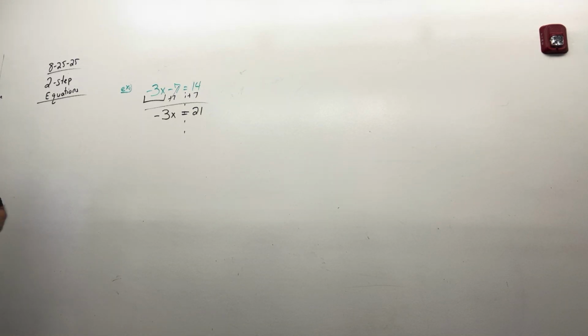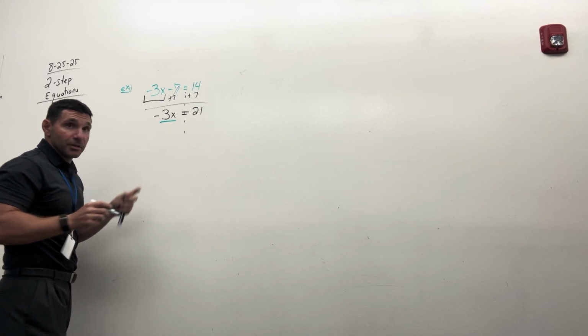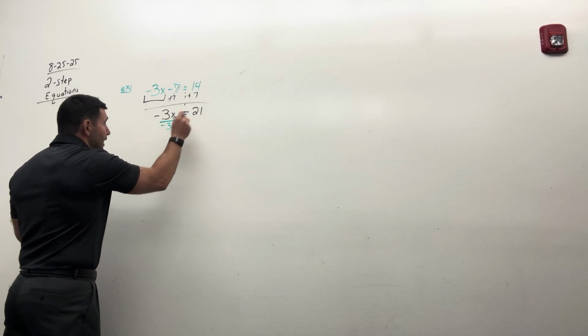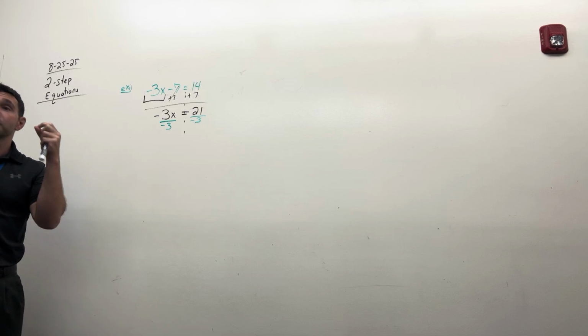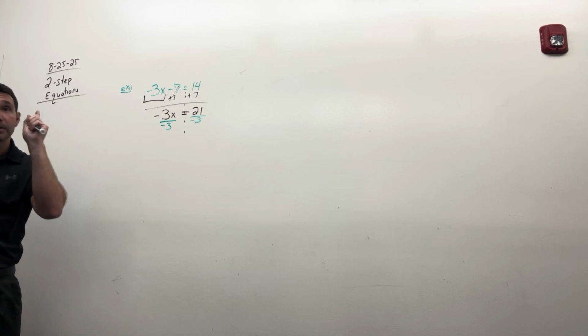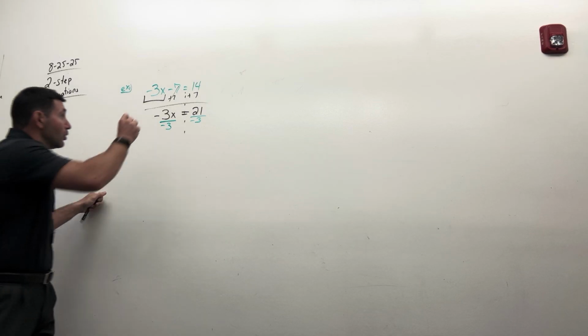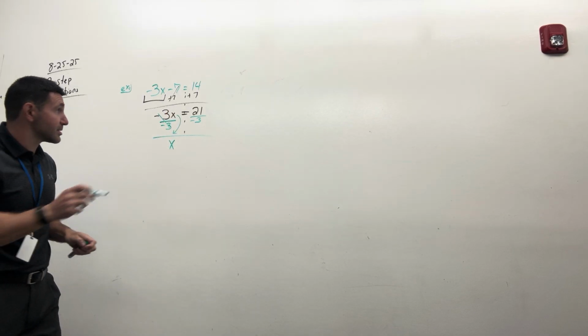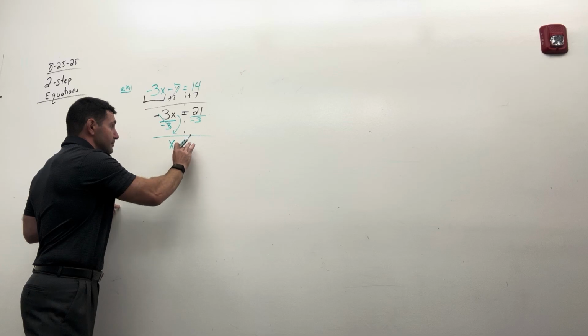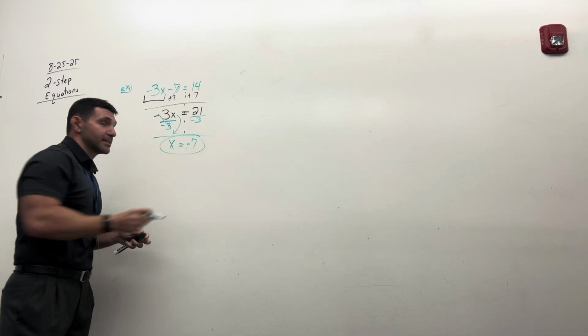So the inverse of the multiplication is division. We don't want it to be negative, so we have to divide by a negative. Mr. H, why? Because a negative divided by a negative is positive. 3 divided by 3 is 1. The goal is to have the variable, the 1x, by itself. And that's how I get x equals -7.